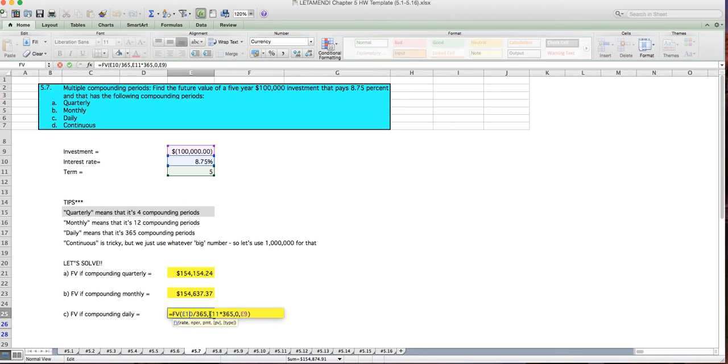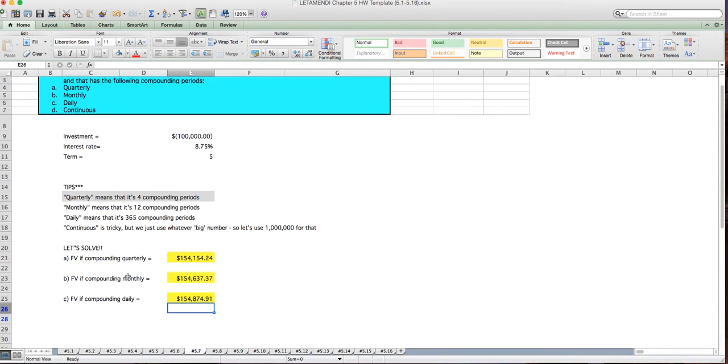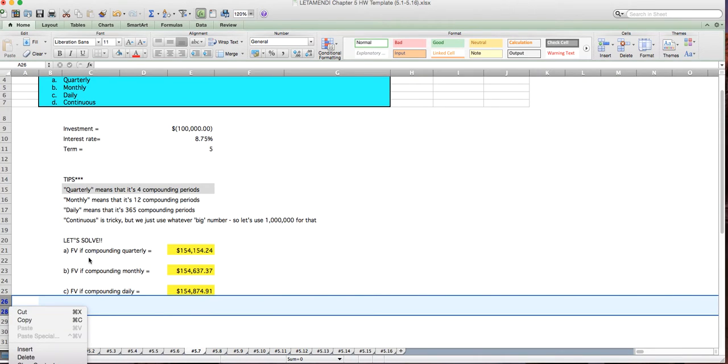For the number of periods, we'll do 5 years, so you click 5 times 365, because in total, if it's compounding daily, that's 365 days times 5 years, all right? Comma, 0 for payment, we already explained why, comma, then your present value, which is 100,000. When you hit enter, it's $154,874.91, and that is your answer. So now let's do the tricky one.